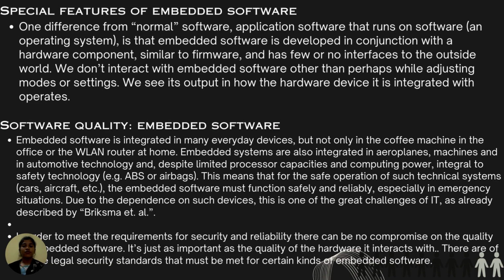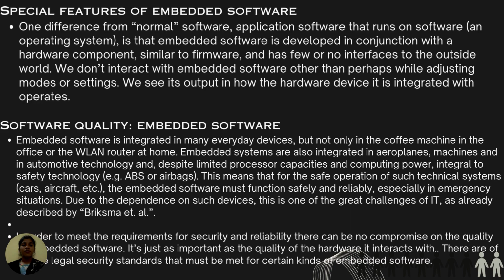Embedded software is developed in conjunction with a hardware component, similar to firmware, and has few or no interfaces to the outside world. We don't interact with embedded software other than perhaps while adjusting modes or settings. We see its output in how the hardware device it is integrated with operates.